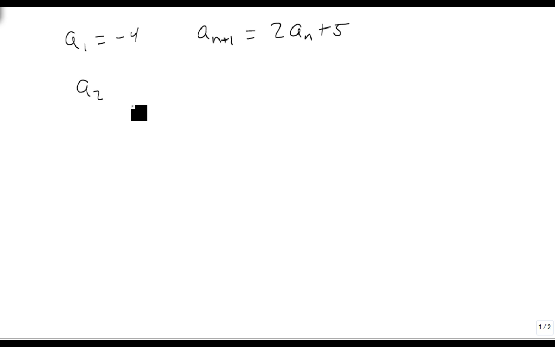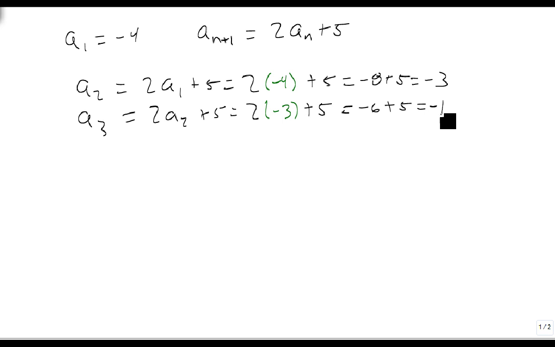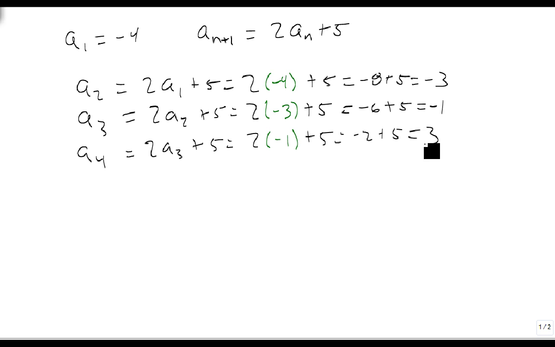So if I want to know a_2, that's equal to 2 times a_1 plus 5, which is 2 times minus 4 plus 5, which is minus 8 plus 5, or minus 3. a_3 is going to be 2 times a_2 plus 5, which is 2 times minus 3 plus 5, which is minus 6 plus 5, which is minus 1. a_4 is 2 times a_3 plus 5, or 2 times minus 1 plus 5, which is minus 2 plus 5, which is a positive 3.